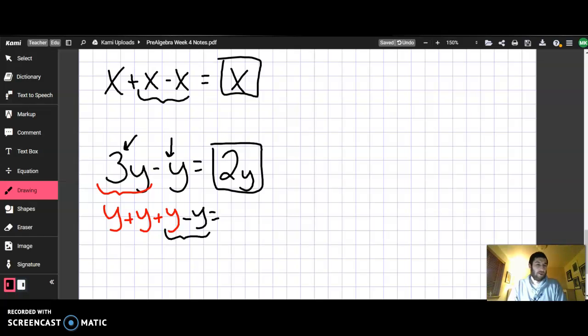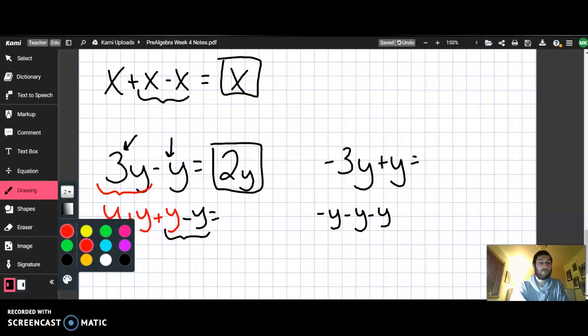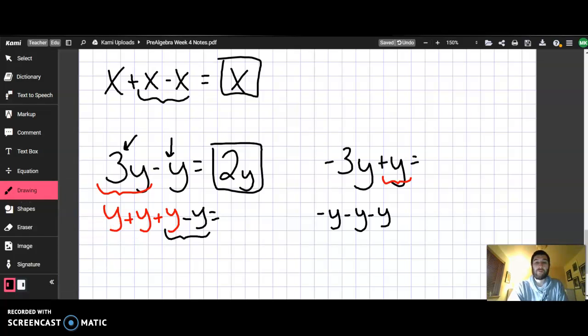So let's go ahead and take this example and do the negative 3y plus y. Well, here, negative 3y plus y, we have lost 3 y's. We're subtracting 3 y's. So it is minus y, minus y, minus y. And we're adding by 1.